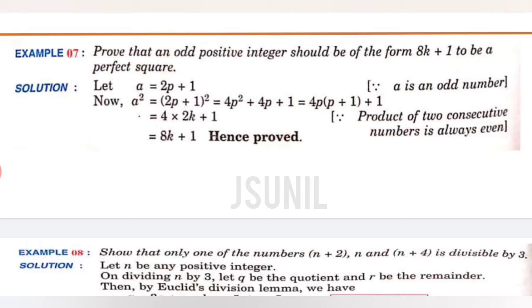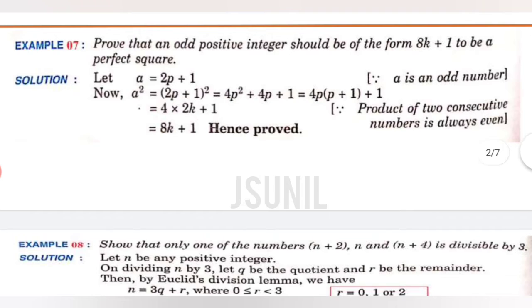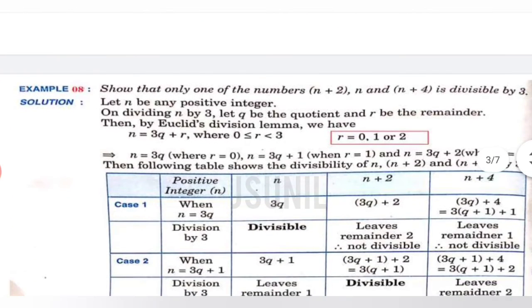Then a square is equal to 2p plus 1 whole square. On solving, we get 4p under bracket p plus 1 plus 1. Let p plus 1 be 2k. Then 4 into 2k plus 1 is equal to 8k plus 1. Hence it is proved. Now go to the next question.